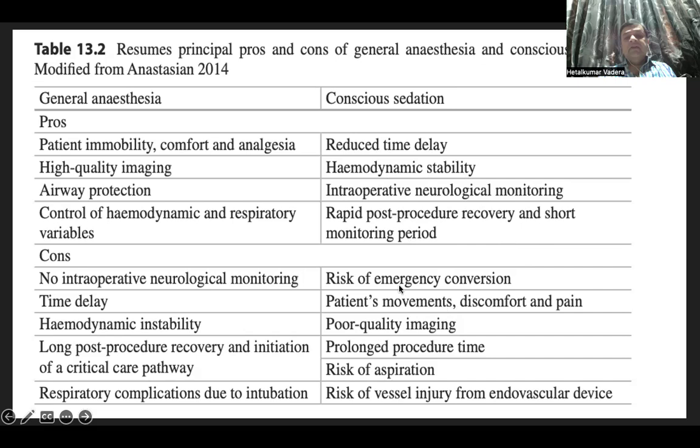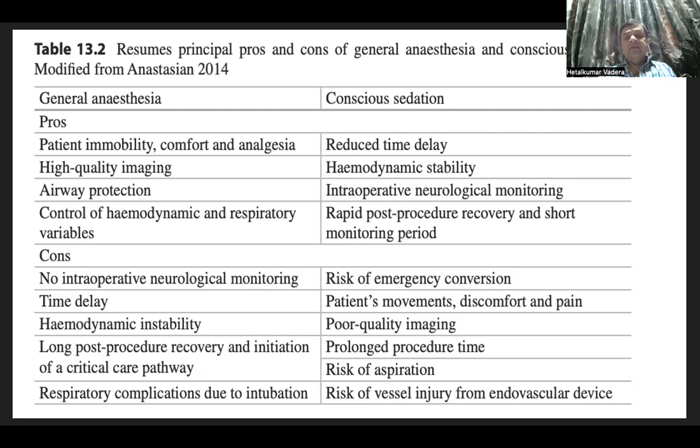While if you look at the cons, there is risk of emergency conversions; we need to convert to GA in case of vomiting or convulsion, or if the patient becomes irritable. Patient movement, discomfort and pain will lead to poor quality of imaging, prolonged procedure time, risk of aspiration, and risk of vessel injury from the endovascular device because the patient is continuously moving. So we should choose accordingly.